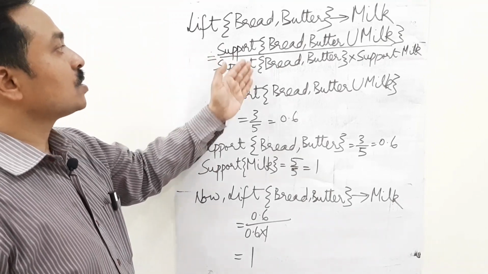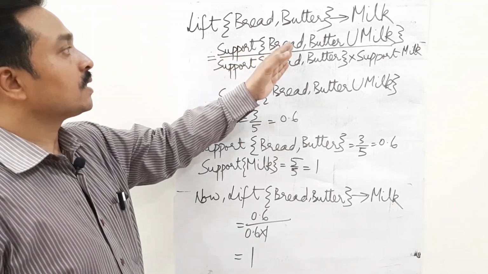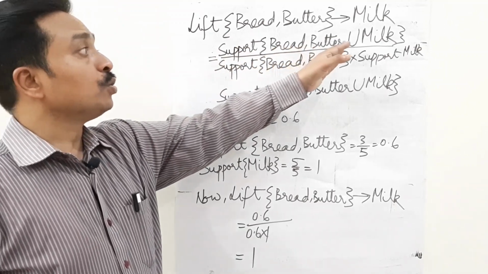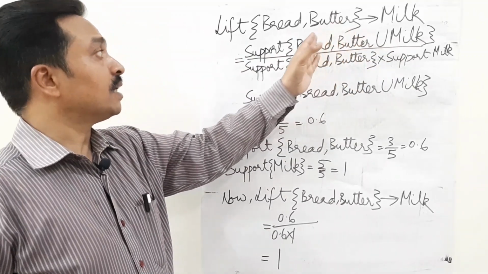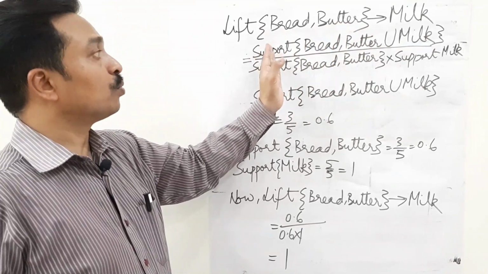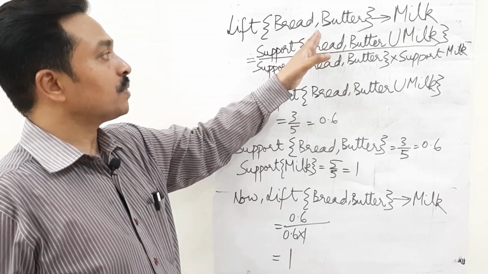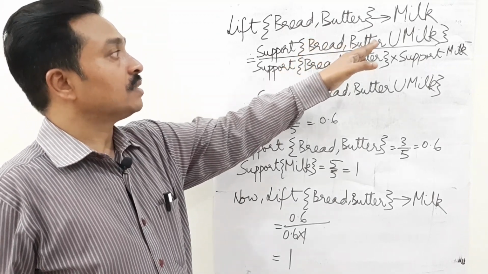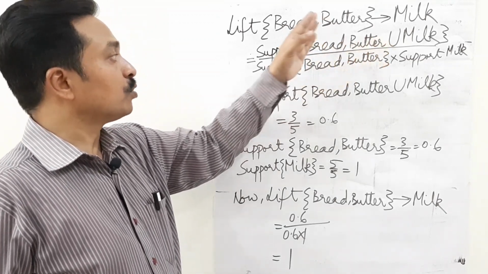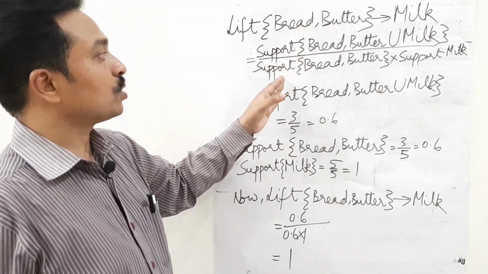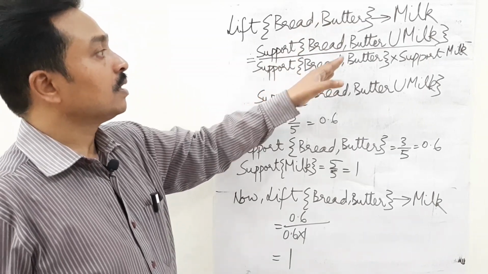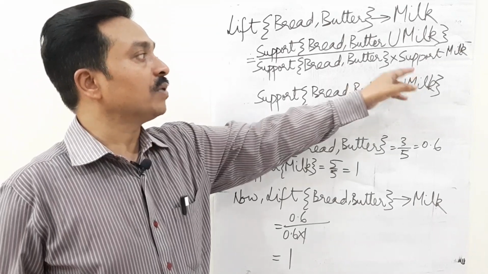It would be equal to support of bread, butter union milk, which is saying what would be the support when a customer purchasing bread and butter purchases milk also, divided by support of bread and butter into support of milk.